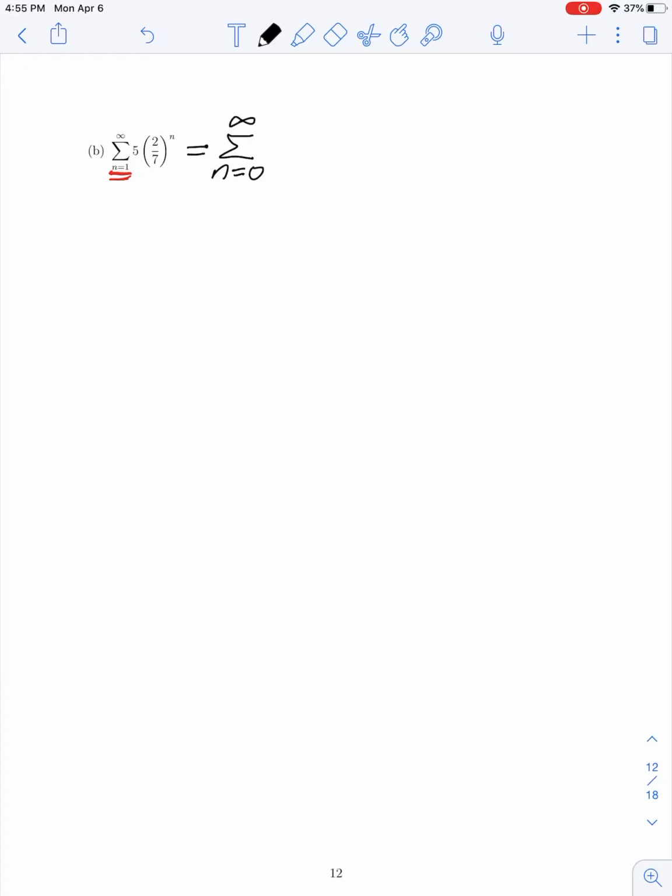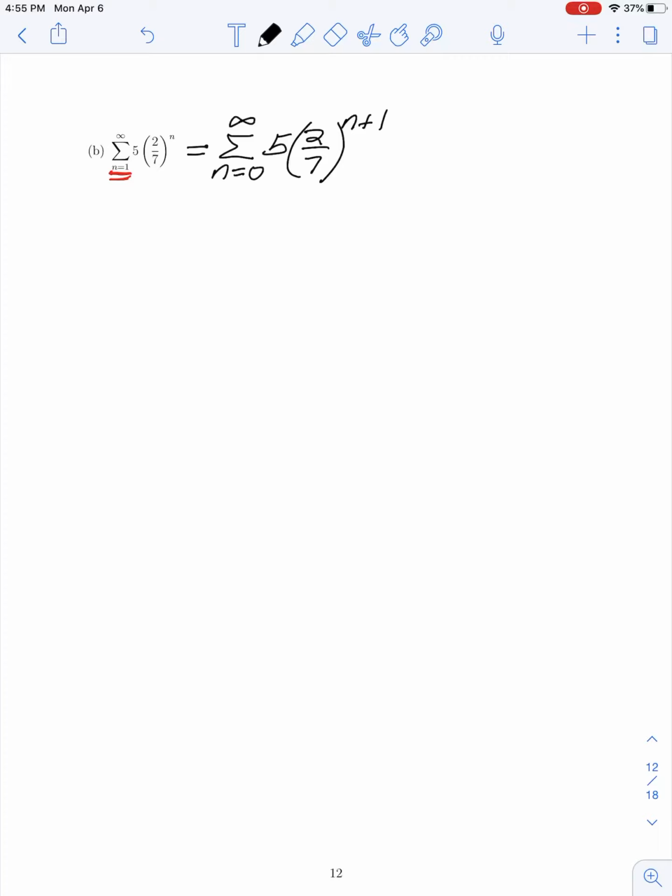If I change the initial value of n from 1 to 0, that is if I subtract 1 from the value of n, then everywhere I had the expression n within my series, I need to increase it by 1. I need to make it an n plus 1, so that now if n is 0, I have the same value that I would if n equals 1 for that first term.